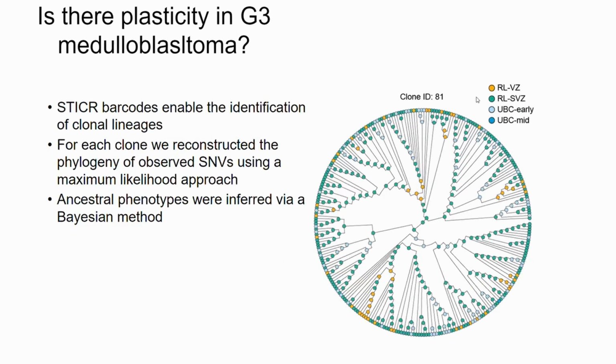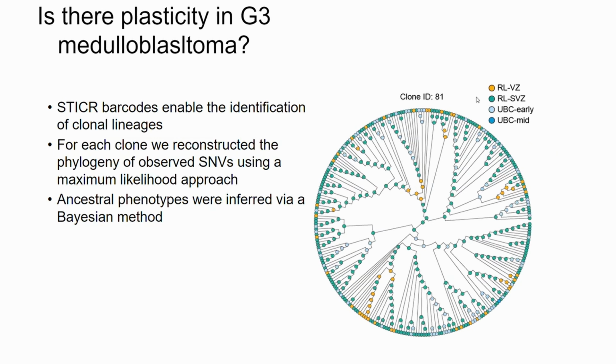So we have methods for reconstructing phylogenies for individual clones. We look at expressed point mutations, in particular those in the mitochondrial genome. In our CRISPR system, the mutable barcodes also provide phylogenetic signal. And we can use that to construct a phylogeny of genotypes.